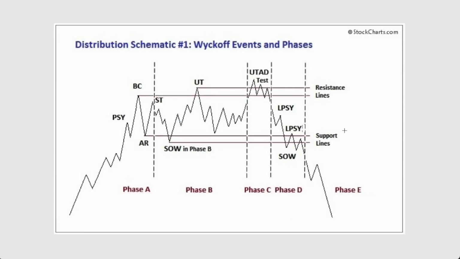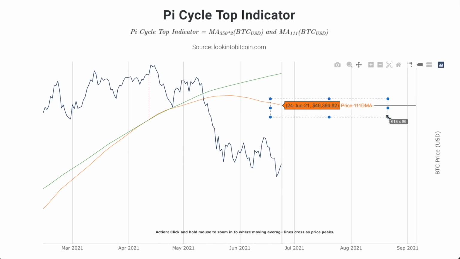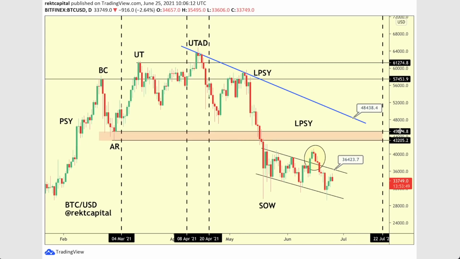Because breaking down from this distribution range is bearish, but invalidating this distribution range is a really good sign, even if we were to reject from this pi cycle top moving average and this trendline resistance anyway. So there is still progress there.